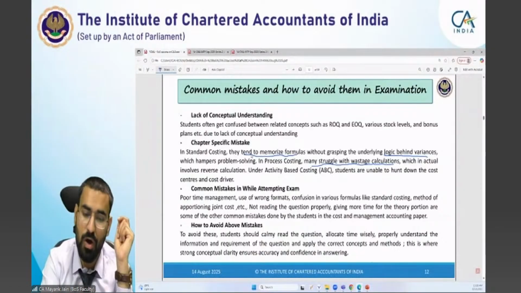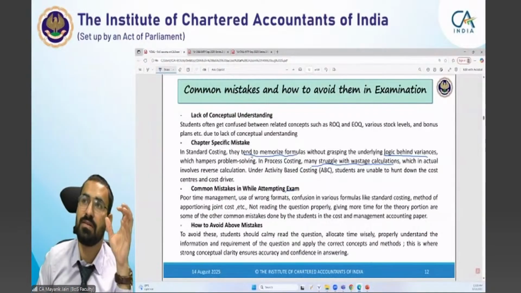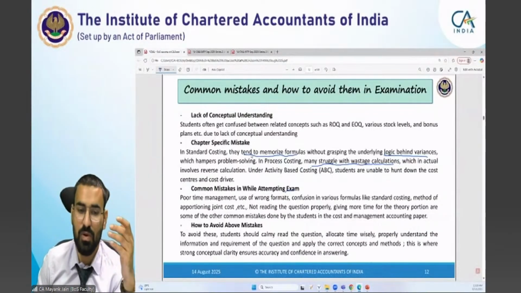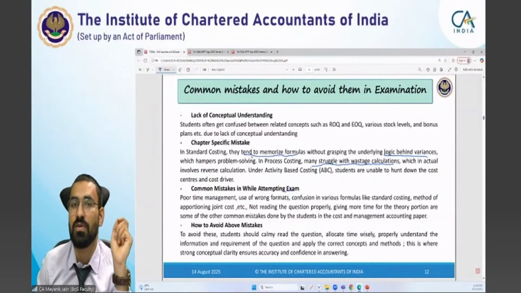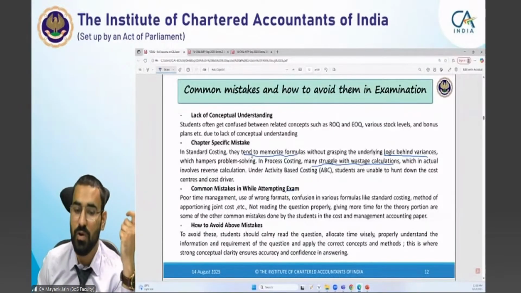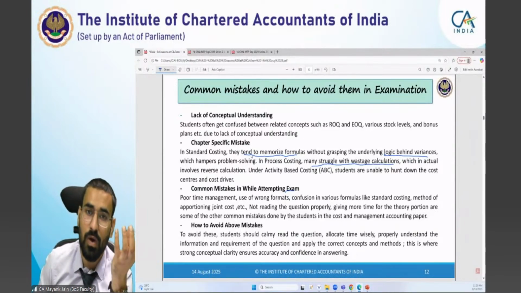And now the common mistakes in the exams, like poor time management, I've already said, use of wrong formats. You will write your answer like you are writing on a rough paper. Use the proper formats. Confusing the various formulas of standard costing or the methods of apportioning the joint cost. Not reading the question properly: you will read the question only from the above. What is the requirement of the question?